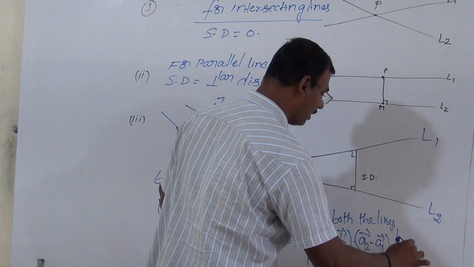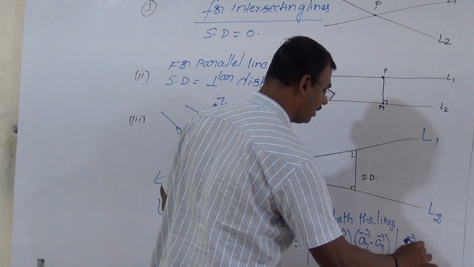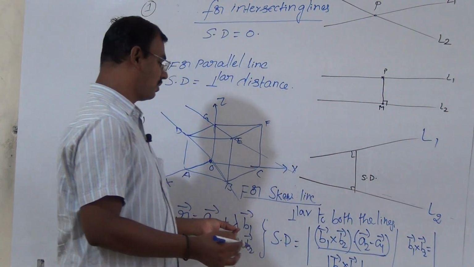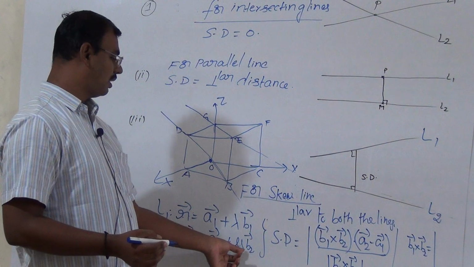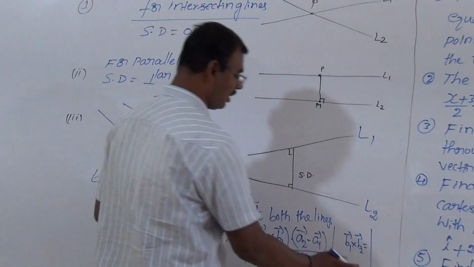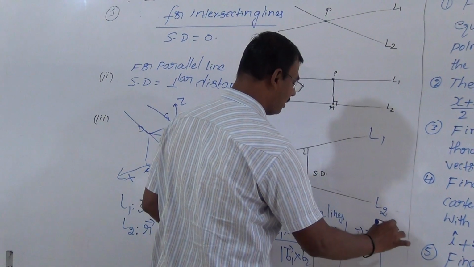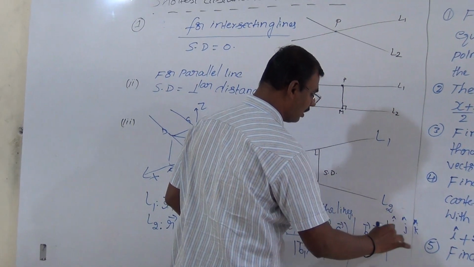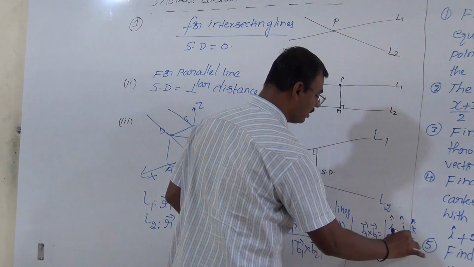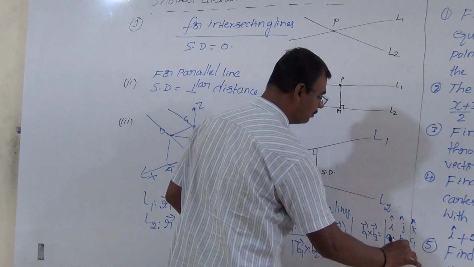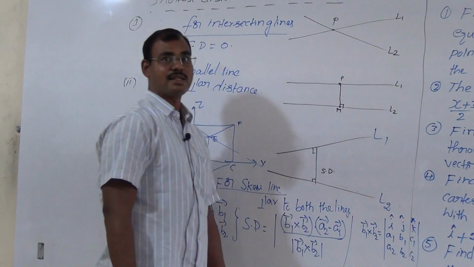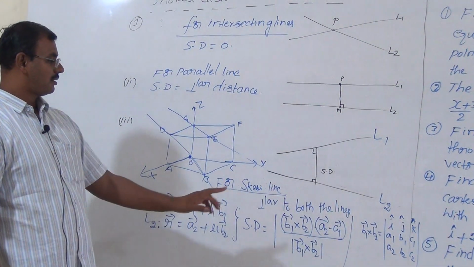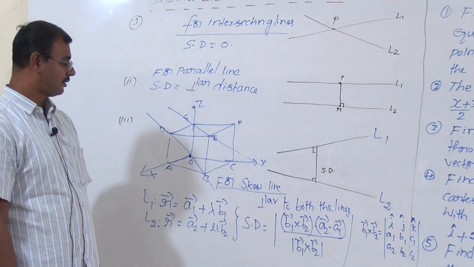We can find it using the vector method. B1 bar cross B2 bar is equal to, using the DRs of B1 and DRs of B2, the determinant method: I, J, K, and A1, B1, C1, A2, B2, C2. This is the method to find the cross product of two vectors.